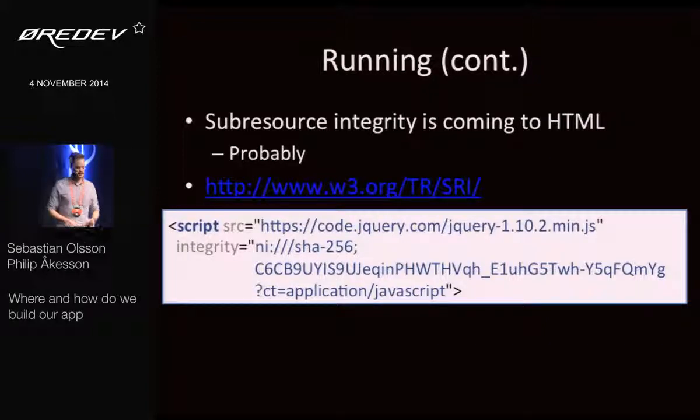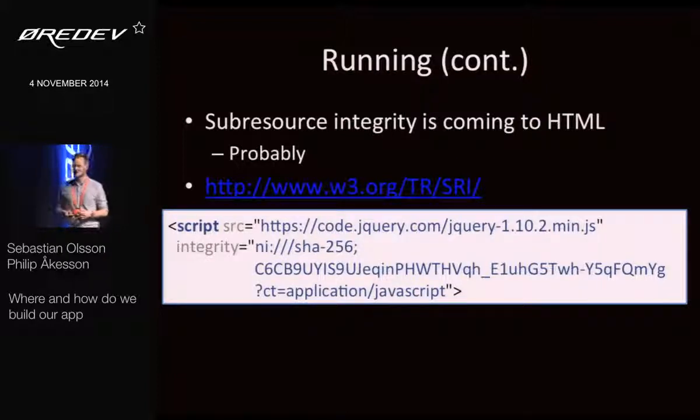But as a little tidbit, as a last point regarding hyperlinking third-party code, I don't know if anyone has seen this, but a functionality called subresource integrity is coming to HTML if you're doing web applications. Probably coming to HTML.